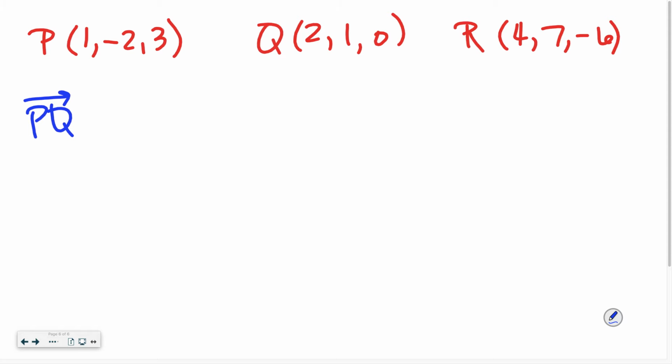How do we know they're not vectors? Because they don't have the chevrons. Yes, chevron. So our vector PQ, terminal minus initial, terminal minus initial, terminal minus initial.